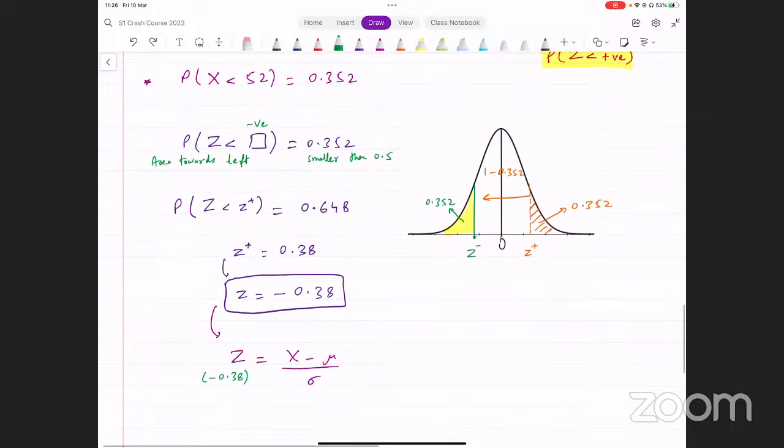All right. This is how we use inverse normal. So we have to first convert it to z form. Once we have done that, we have to figure out whether the value of z is positive or negative, and then convert it to standard form, use the table to find the value of z, and then put that in the formula.